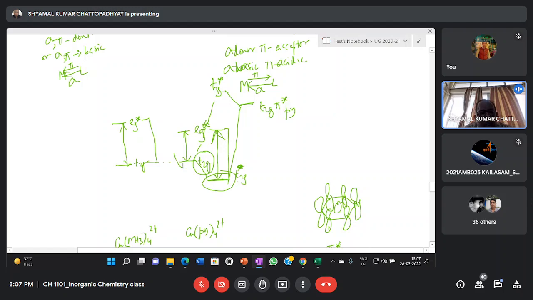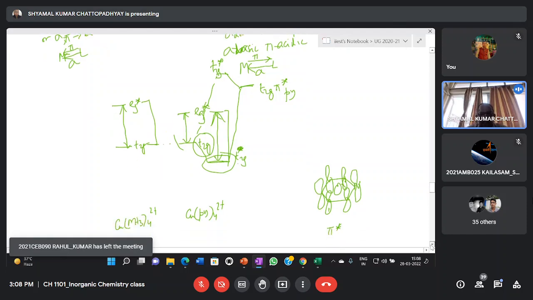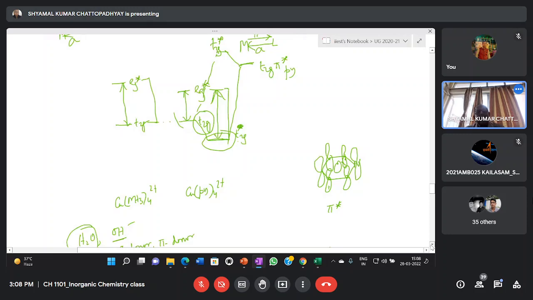Sigma only donation will give you a lower crystal field than ammonia. But once you take into account the pi accepting property of the pyridine, this pi accepting property leads to lowering of the t2g orbital, and as a result of this, the overall gap is almost identical for pyridine and ammonia, and that's why they have very similar crystal field strength. This figure is very well given in Kettle's books.